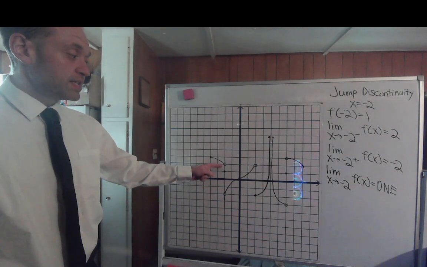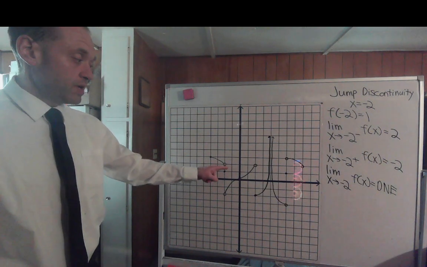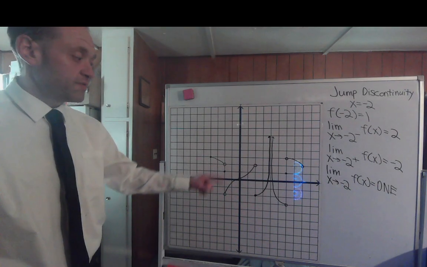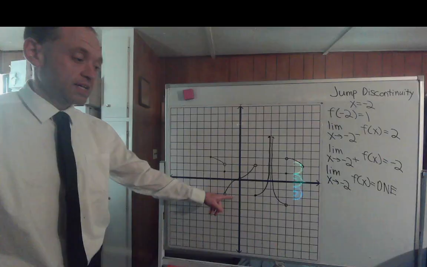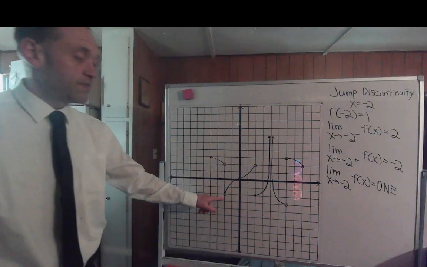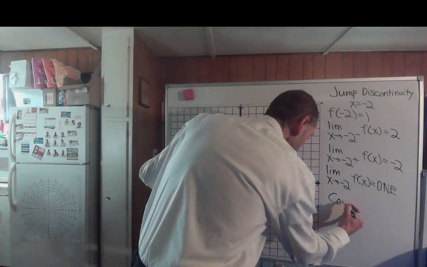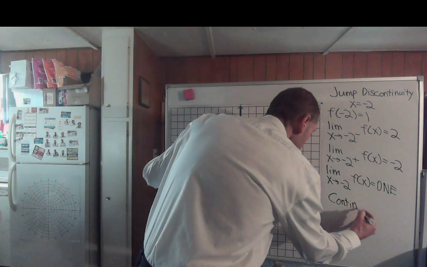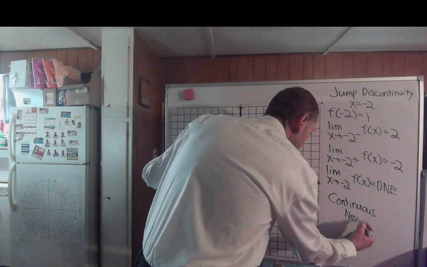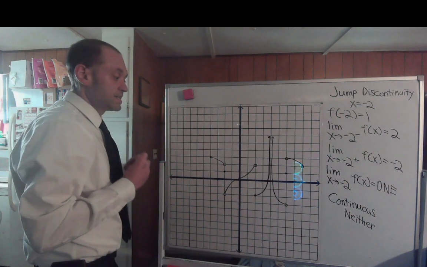Well, if you look at the left branch at x equals -2, notice it's undefined for that y value of 2, and if you look to the right branch at x equals -2, it's undefined at the y value of -2. So in this case, it's continuous neither left nor right. So this function is continuous neither to the left nor right in this case.